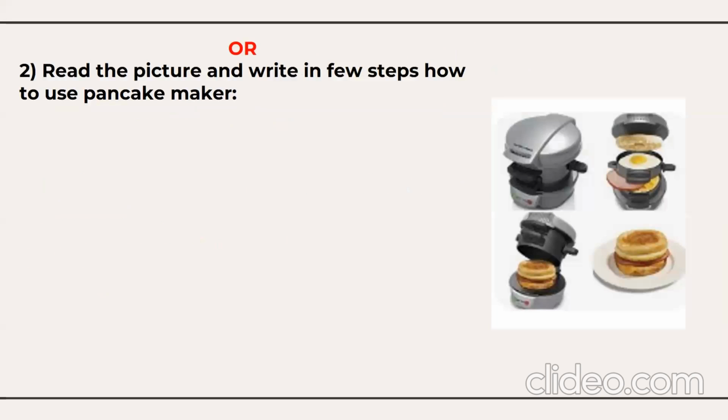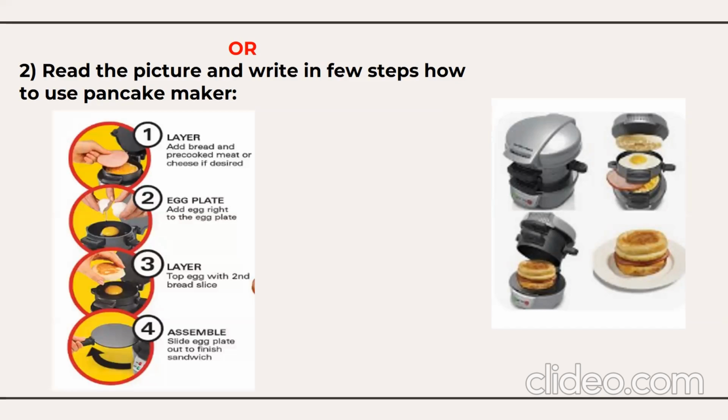Now, if you don't like that question, you have another choice. You need to go through this picture and write how to use this device or this kind of object. So read the picture, write in a few steps how to use the pancake maker. So we have the steps here. Number one, add the bread and pre-cooked meat or cheese if desired.